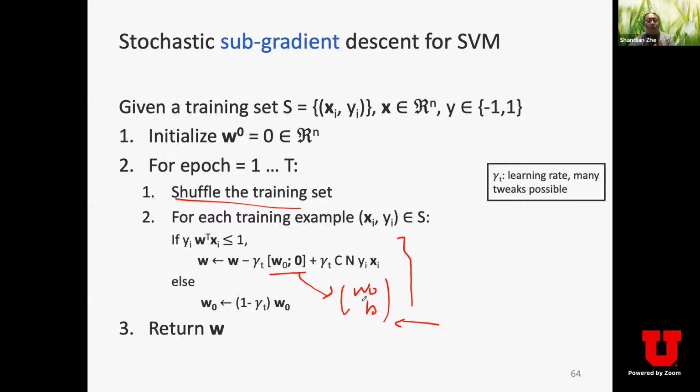So W0 now represents the original feature weight vector, and W is actually the augmented version with b included. That means the subgradient for b is simply 0. Yeah, for b.